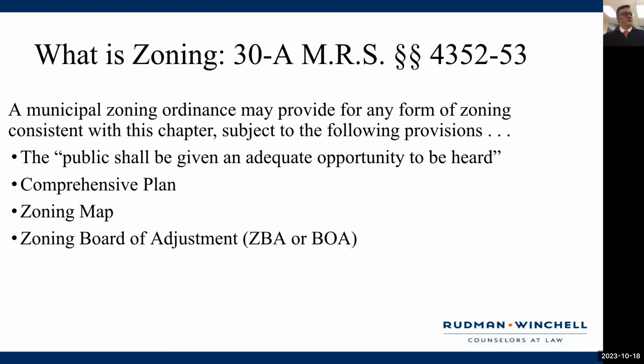So as a general principle, we've been talking a lot about zoning, and zoning is authorized by Title 30-A pursuant to municipalities' home rule authority, as we've discussed. But one nuance I think I can add to the conversation is that there's actually a bit of a distinction between zoning and land use. Zoning, as Matt was discussing, traditionally came out of the use-based form of zoning, or Euclidean zoning.